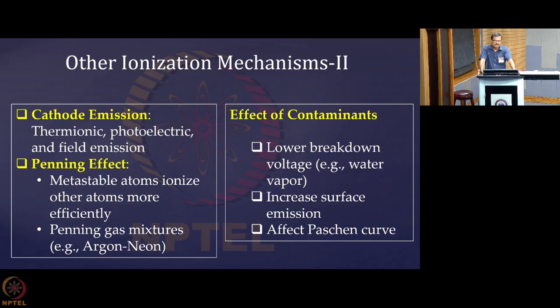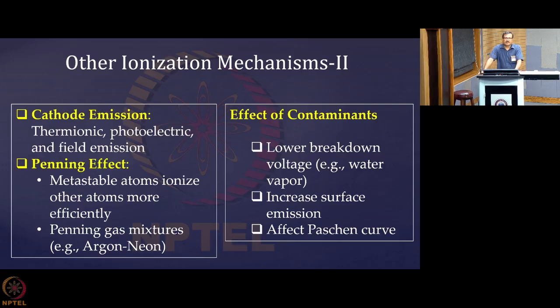Photoelectric effect you all know, so equal to h nu minus phi, and then field emission is basically caused by the electric field that is existing in front of the cathode for the configuration of the device that you have developed. So in all these cases, electrons are getting contributed into the plasma, and those electrons can participate in the ionization process as they get accelerated by the existing electric field.